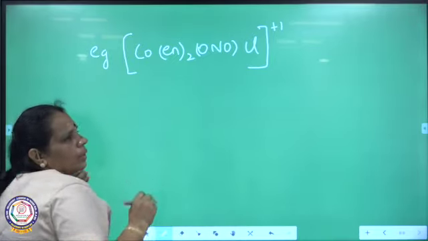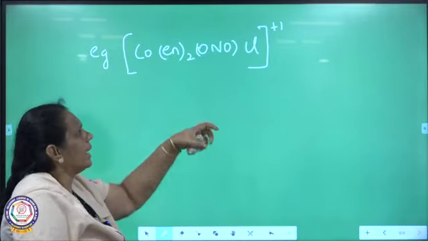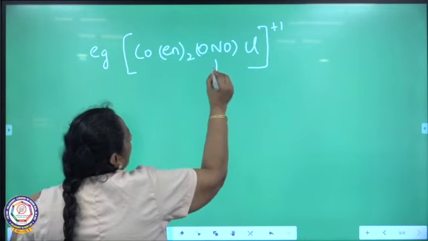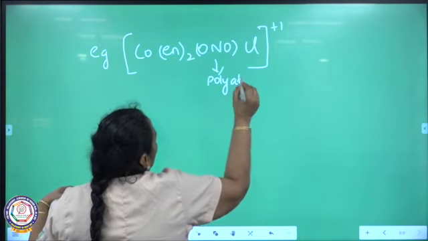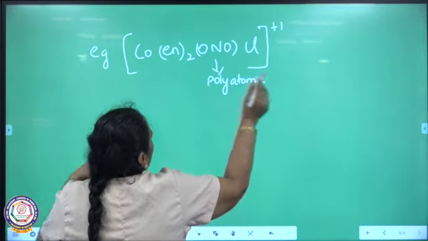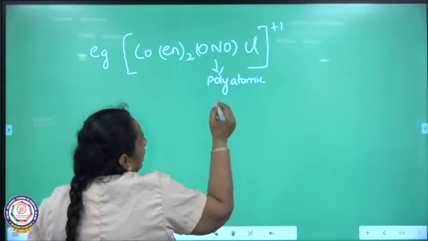So, the fourth rule is polyatomic ligand. Here ONO is a polyatomic ligand, so I have included it in parenthesis.